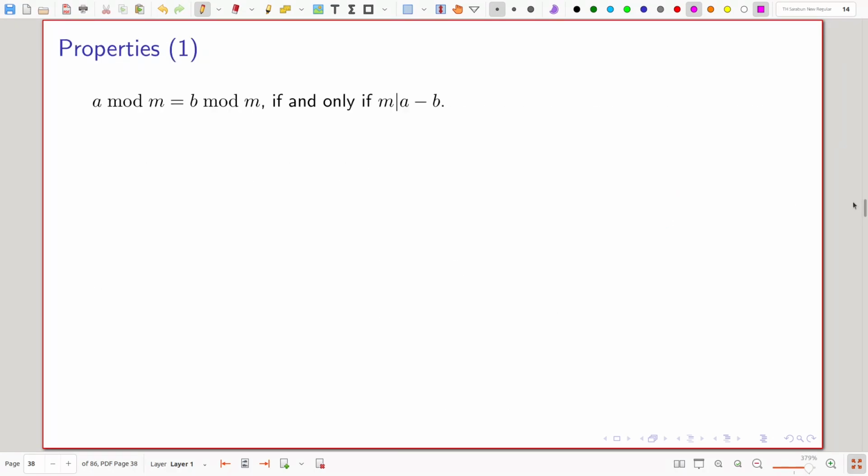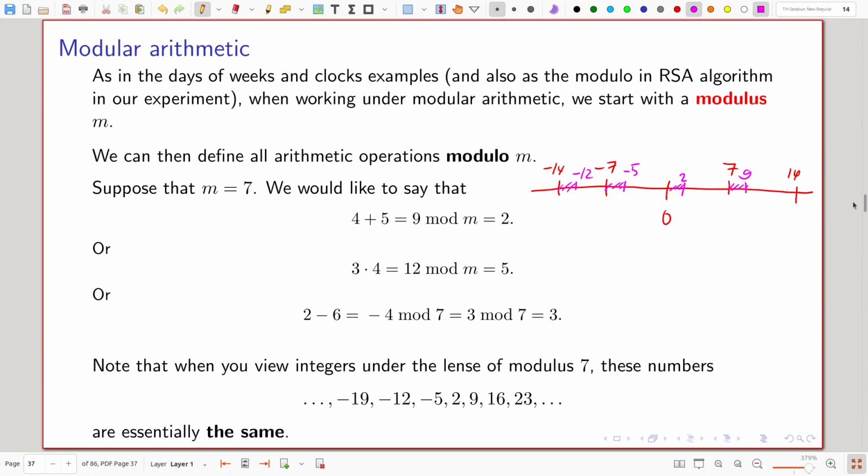So we will define something like this. When we do addition in modular arithmetic, after the addition we mod. When we do multiplication, after the multiplication we mod. When we do subtraction, after the subtraction we mod.